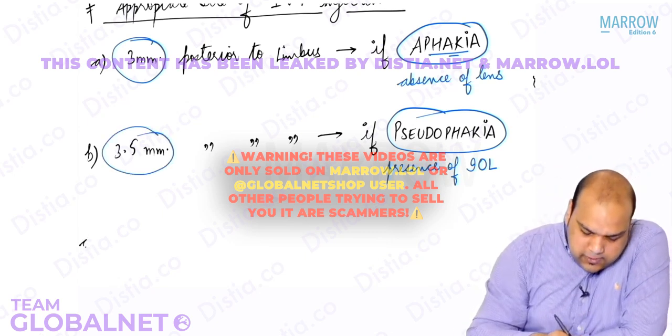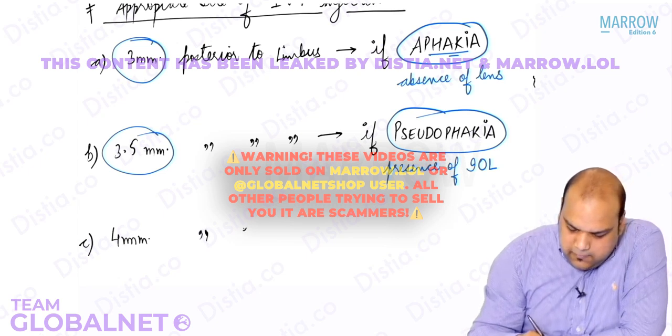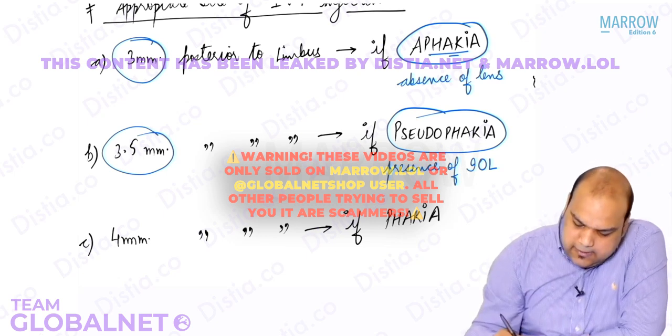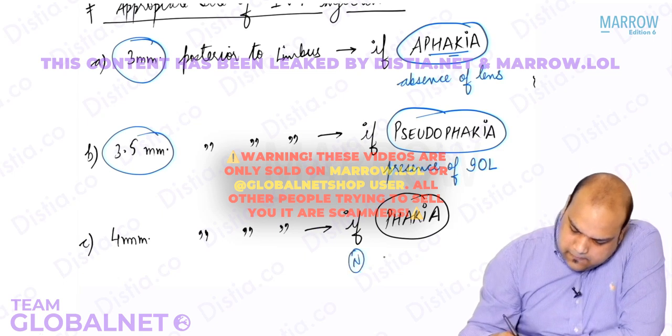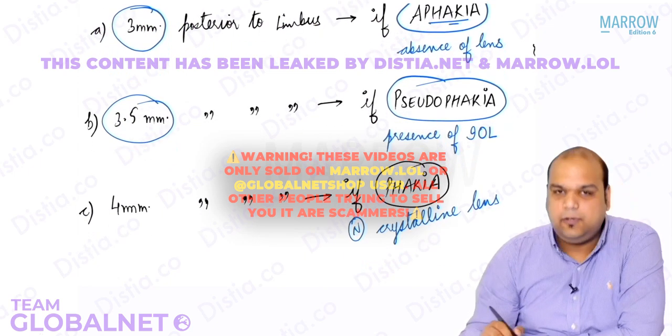If it is pseudophakia, the distance will be 3.5 mm. But what about phakia? 4 mm posterior to limbus if phakia. Phakia means normal crystalline lens. The lens that has been given to us by God, guys, basically, to understand in very crude language.